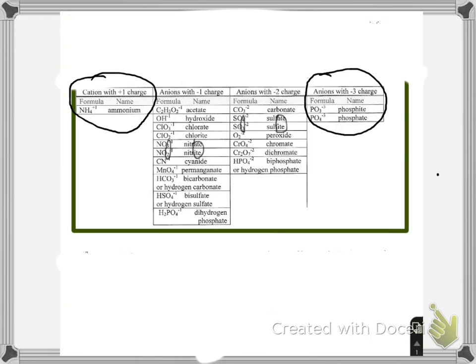Same thing happens when it's dihydrogen phosphate. You get 2 hydrogen atoms and it turns into a -1 charge. And this happens also with hydrogen sulfate. It goes from -2 to -1. It happens with carbonate, which then goes to negative.